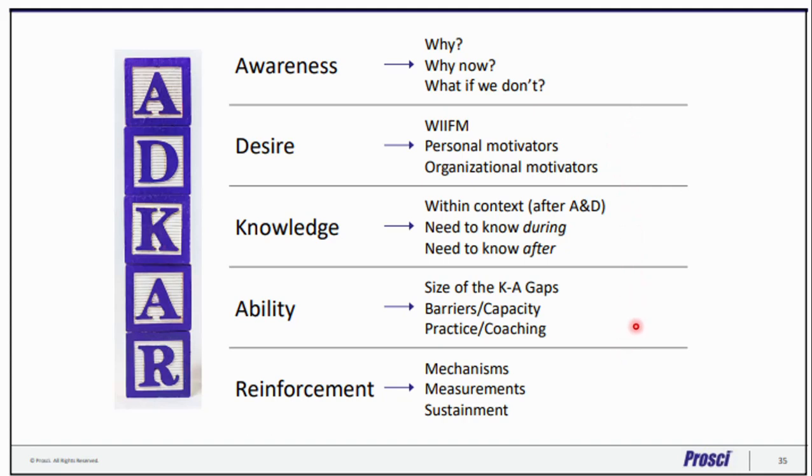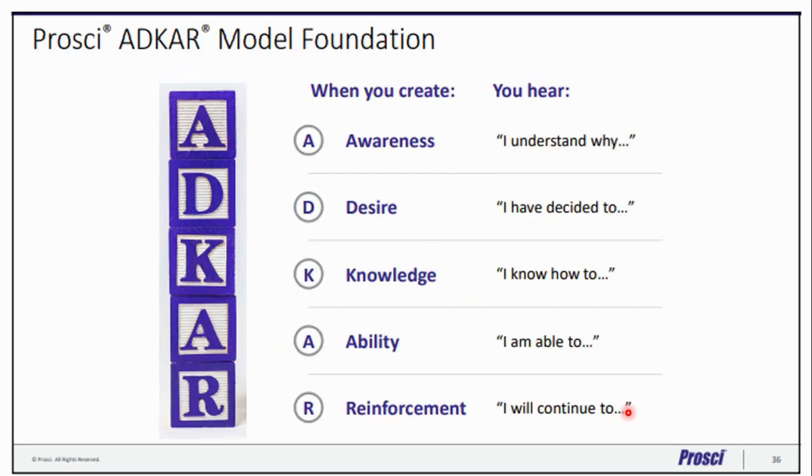Now I know how to use O365. I am able to send emails. I am able to do team meetings on the O365 portal. And I will not revert back. I will continue with O365. I won't go back to the normal email system. This is what you as a project manager, change manager would like to hear after establishing all these elements. In an outcome model, it's the same thing.